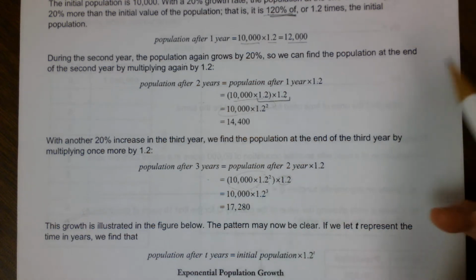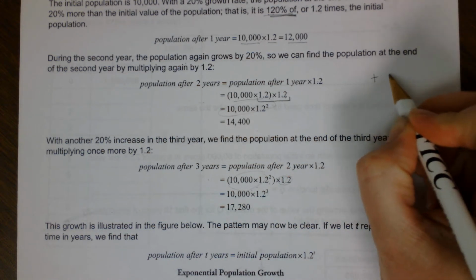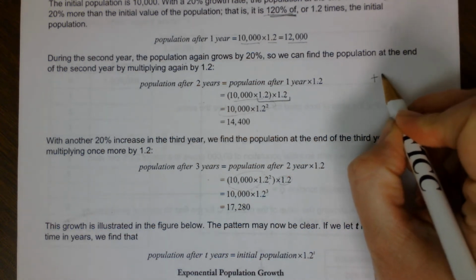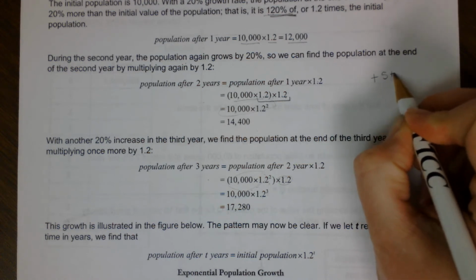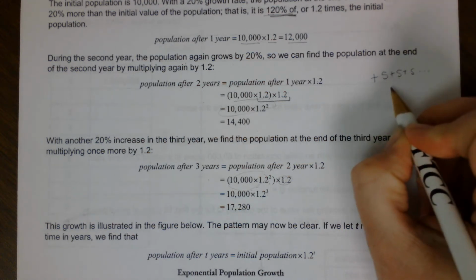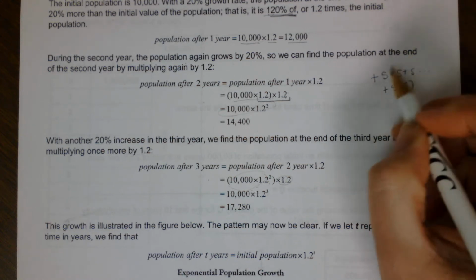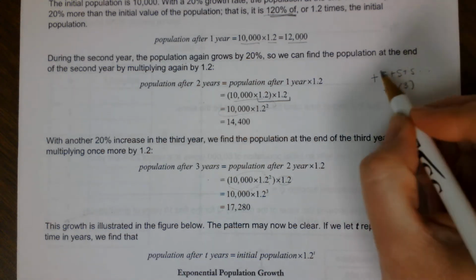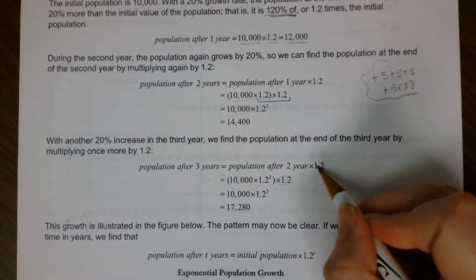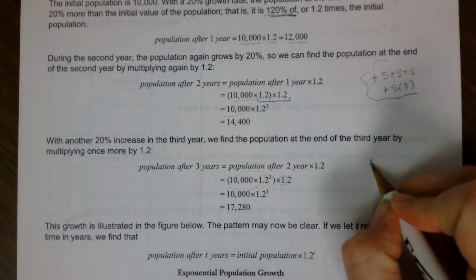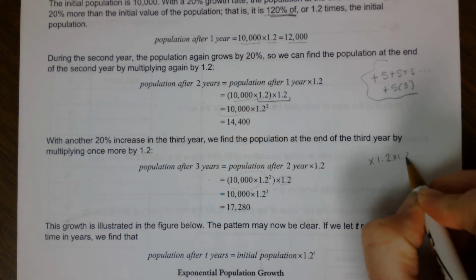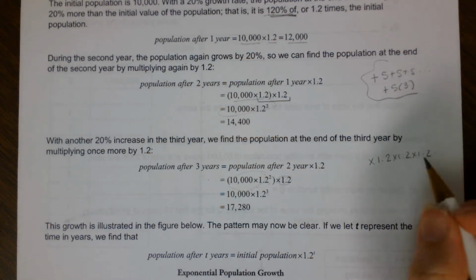So notice, for linear, when we're adding the same thing each time, let's say we add 5, add 5, add 5, and so on, you would be adding 5 three times. Right? So 5 three times. For linear, whereas for exponential, you're multiplying the same thing. So you'd be multiplying 1.2 times 1.2 times 1.2 and so on.